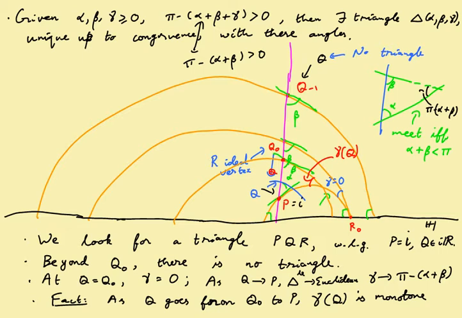So given any value of gamma which is greater than or equal to 0, and, oh sorry, I wrote this equation wrong. I want to take gamma to the other side. So gamma is less than pi minus alpha plus beta, and greater than or equal to 0 in the other case. So gamma takes the value 0 and approaches pi minus alpha plus beta.